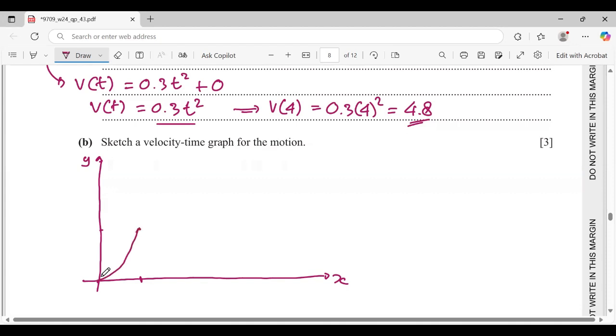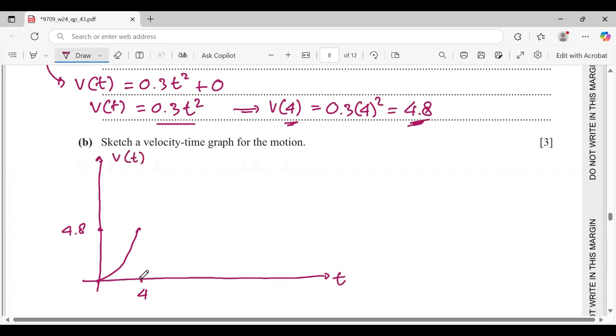Because this is the quadratic function. So this is 4.8 and this is 4. Okay, when t equals 4, v equals 4.8. Sorry, this is the t-axis, and this is the v-axis.